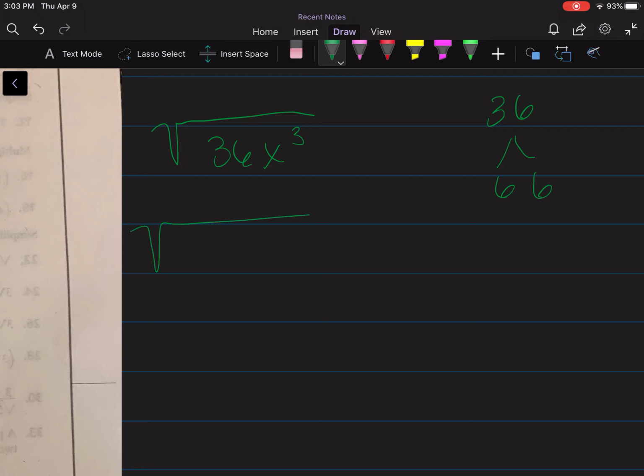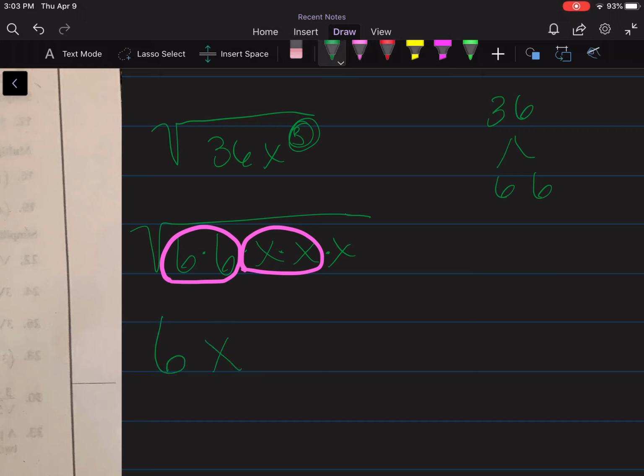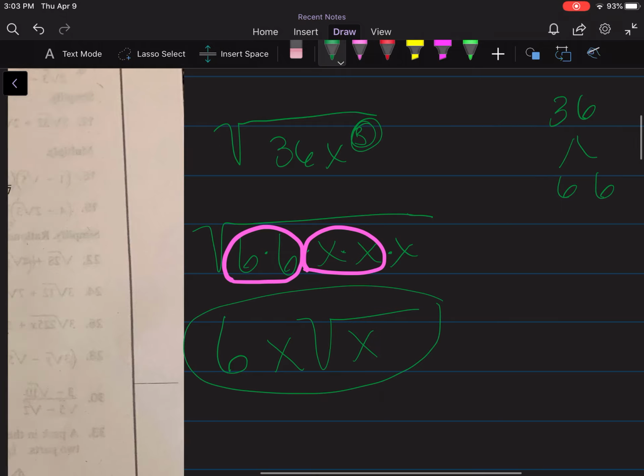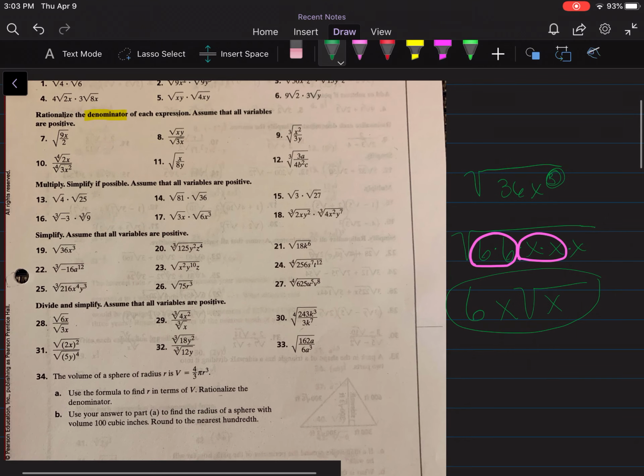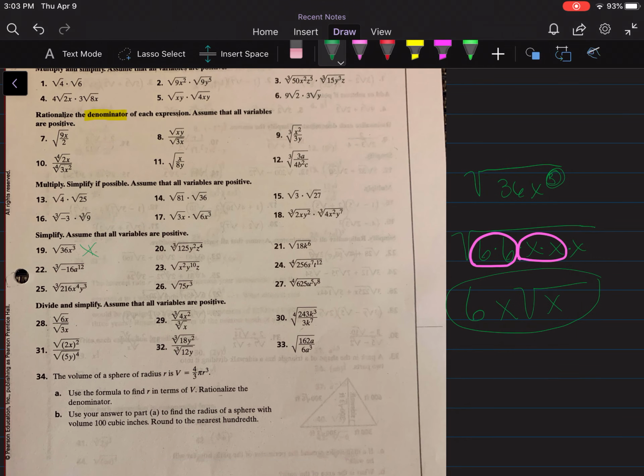So under our house, we're going to have 6 times 6, and then there's 3 x's. These 3 right here, x times x times x. We're looking for doubles, so we have pairs of these 6's and pairs of these x's. Remember, only one of each pair can come outside the house, so we have a pair of 6's, pair of x's. Those can come out. We leave that x all alone inside the house, and that is your answer for number 19.